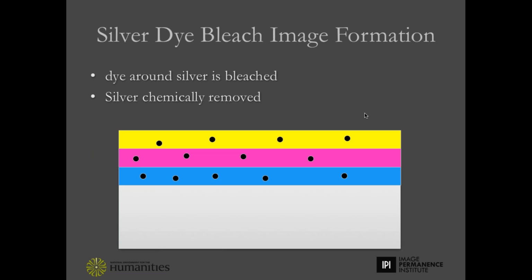It becomes invisible, creating these halos or voids around the silver image particle. So there's our catalyst, and it's basically rendering this dye invisible where our image particles are present. And then the silver is chemically removed, leaving us with dye and gelatin.